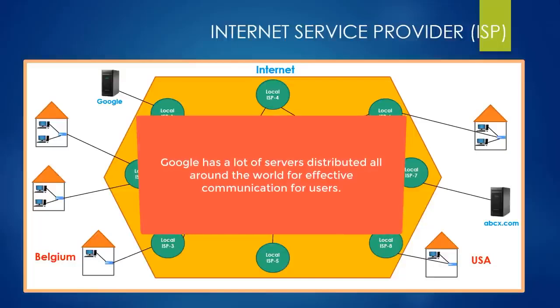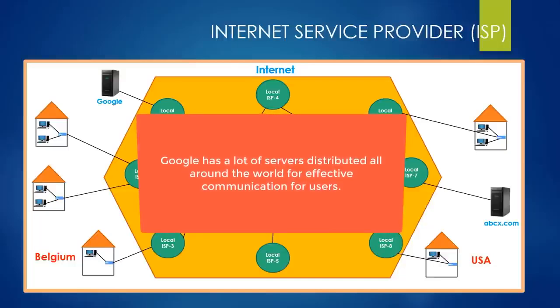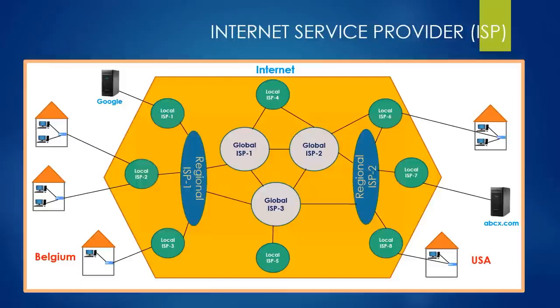And with this distributed server structure, Google provides a much more efficient and fast service to its customers. And let's say one of these servers is not far from our home. Therefore, when we want to enter google.com or when we want to get any service from Google, we will probably connect to this server which is close to us, okay? For this reason, the process will be much faster.